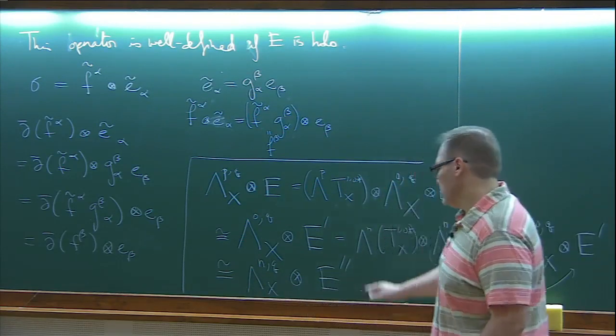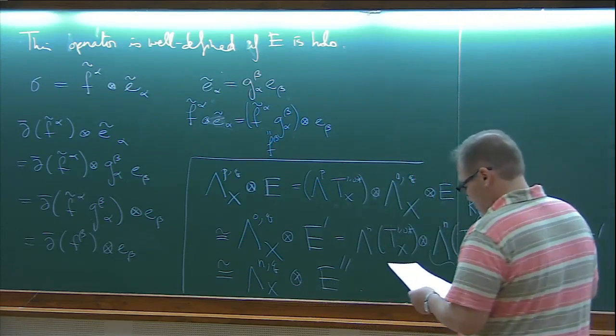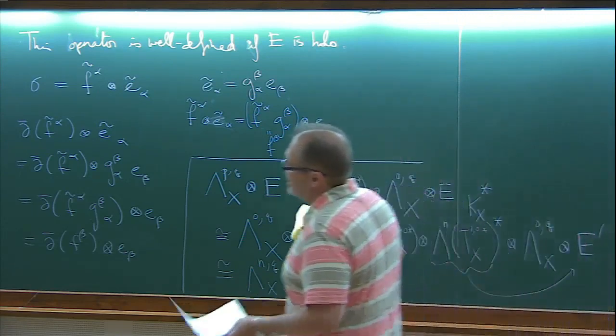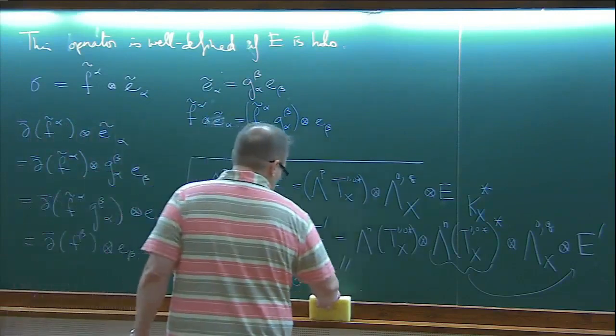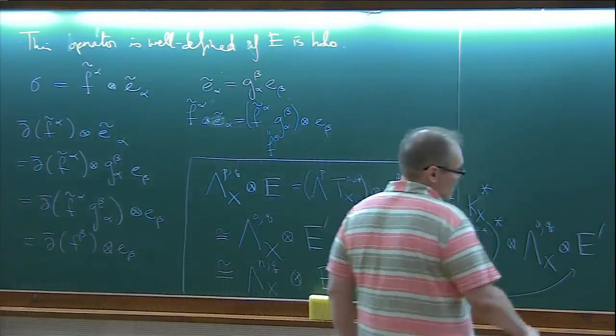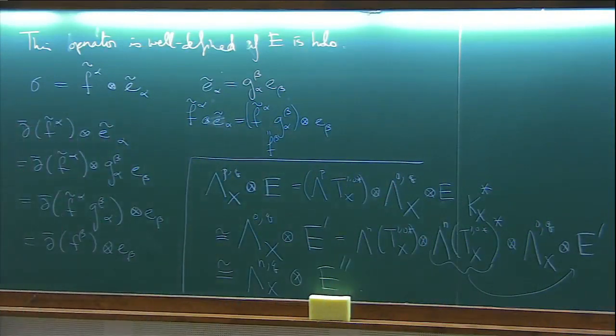So that's why I'm going to use that later on. Okay, good. So far, so good. So that's a rapid discussion of differential forms, possibly with values in a possibly holomorphic vector bundle.